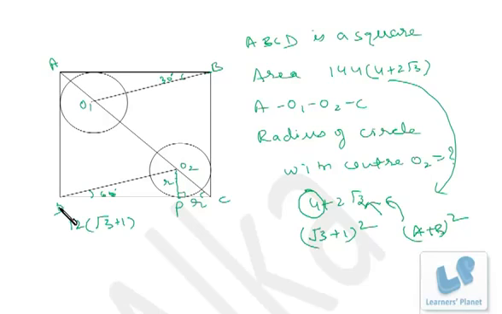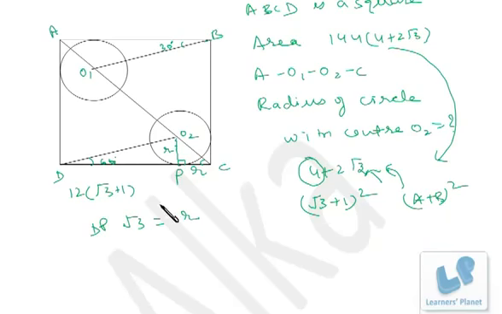The relationship between DP and this O2P is given by tan theta. Theta is 60 degrees over here, and tan 60 degrees is root 3. So R by DP is root 3, so R is equal to DP times root 3, or DP is equal to R by root 3.